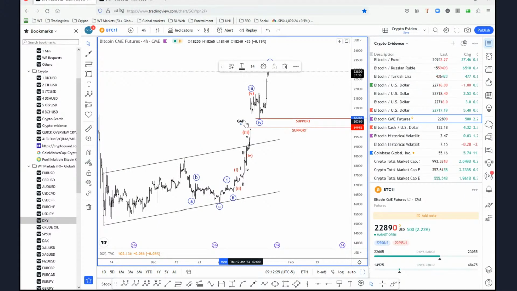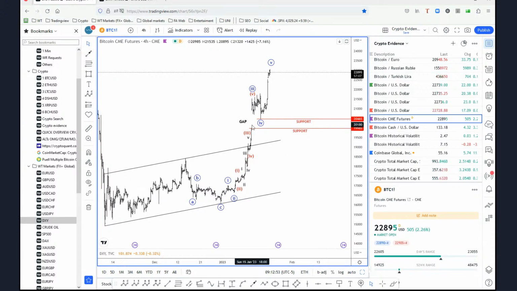Notice that whenever there is a gap, there are obviously a lot of orders, and some of them are unfilled. And usually when these gaps are filled, new orders will be activated, and that's why the market will try to resume into its primary direction, because the new orders that will be executed will try to push the price higher after the gap is filled, because the flows will change here.